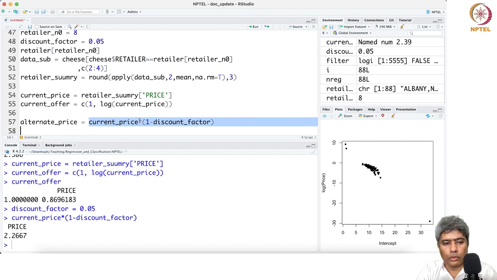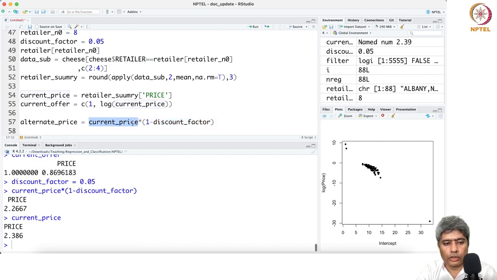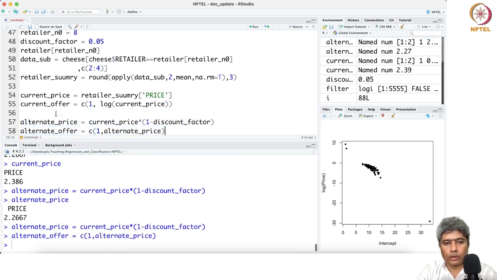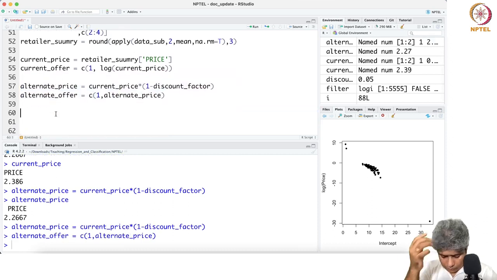The current price is 2.386, and after giving, say, 5% discount, the alternate price is 2.267. Now my alternate offer is 1 comma alternate price.